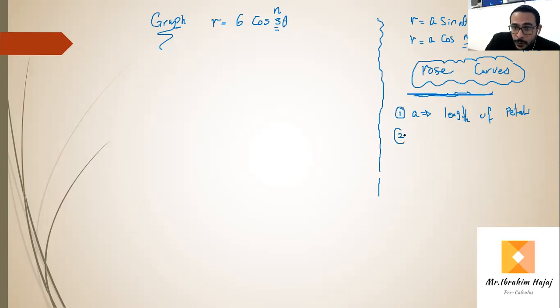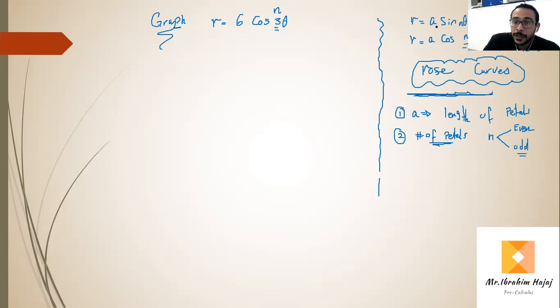Number 2, you should know the number of petals. The number of petals depends on the n. Depends on n. If n is even or n is odd, we will start with the easiest one, which is when n is odd.